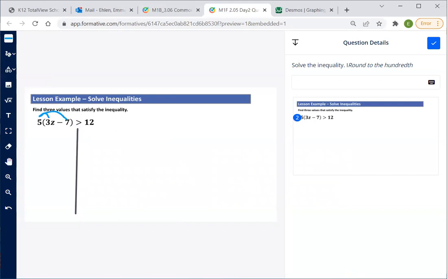So if we distribute, that gives 15z minus 7 is greater than 12. And of course, I messed up here. It should not be 7 because we would need to multiply by that 5. So 5 times 7 is 35. Then we need to add 35 to both sides to get rid of that constant.